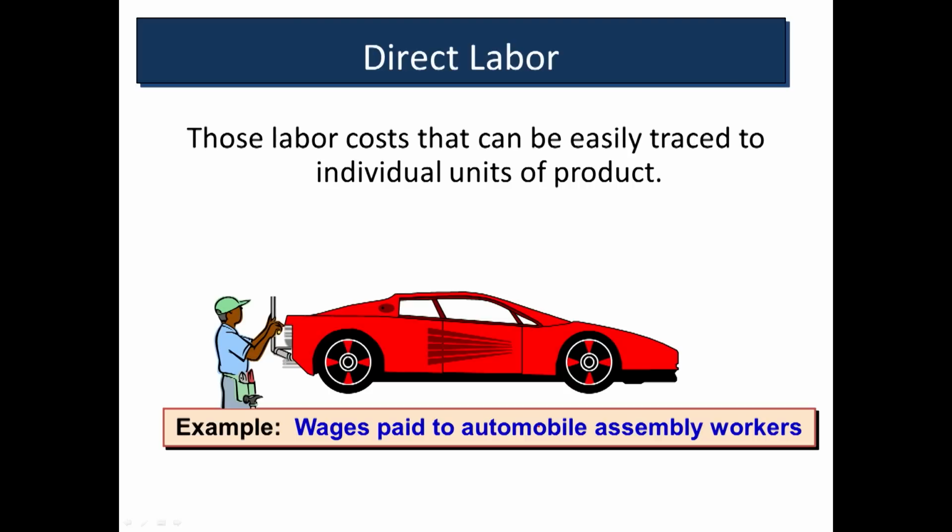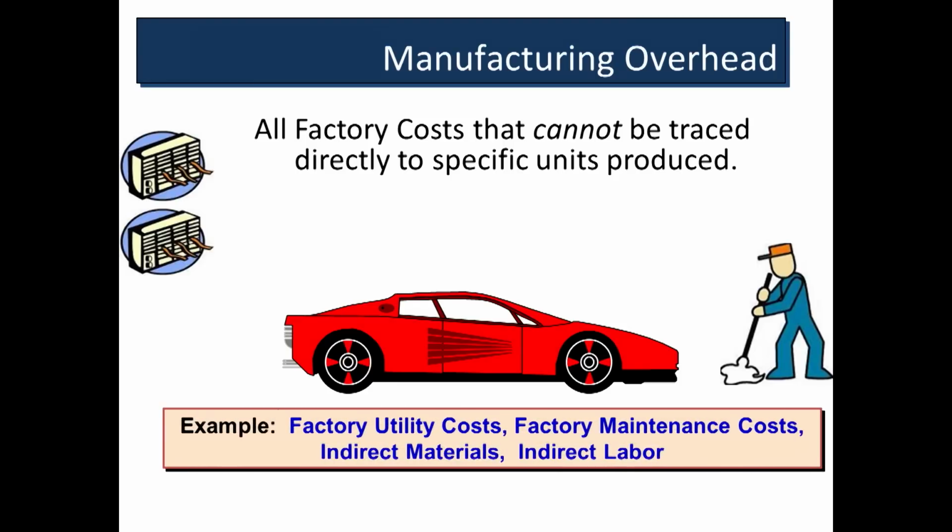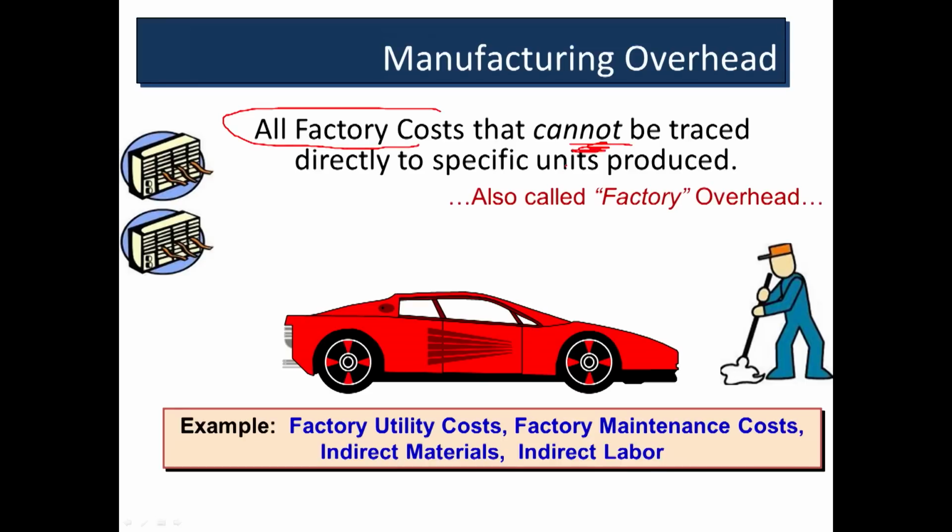When I talked about you guys working at the podium in the chair factory, you guys are direct labor. You are assembling it. And then there's this other category called manufacturing overhead. Now, also called factory overhead. These are all factory costs that cannot be traced to specific units produced. In other words, these are all factory costs that aren't DM or DL.